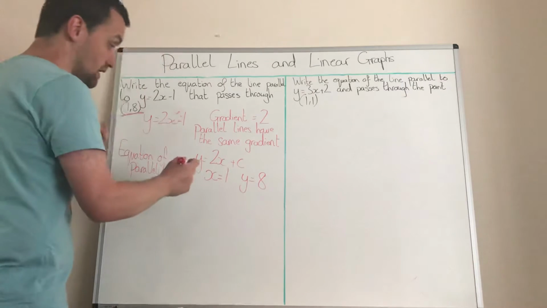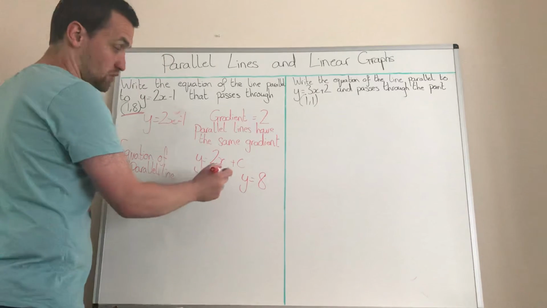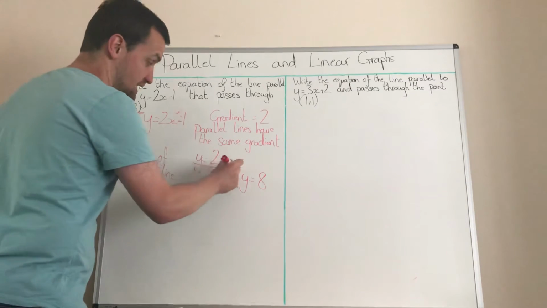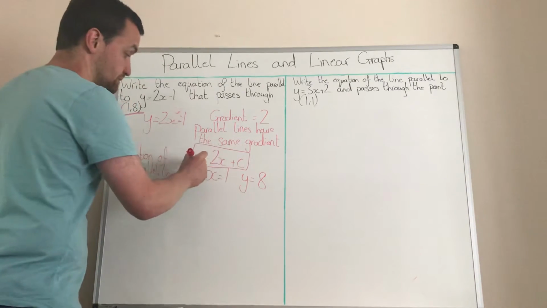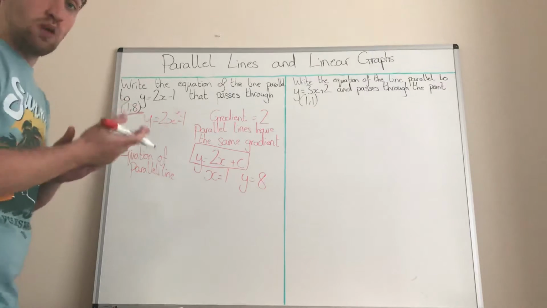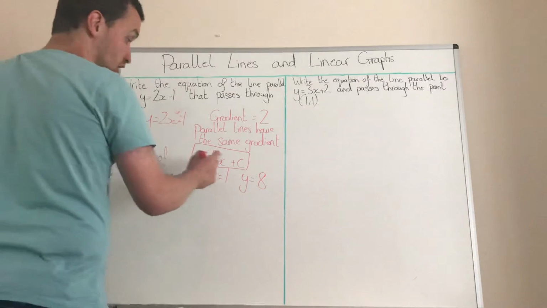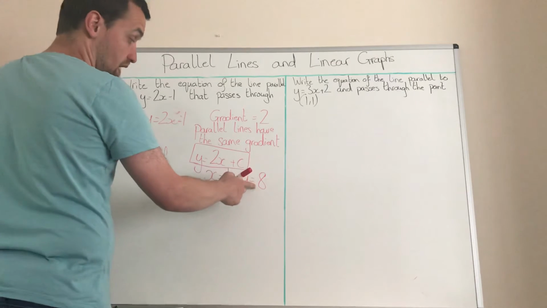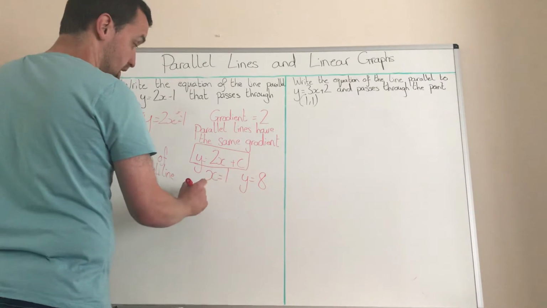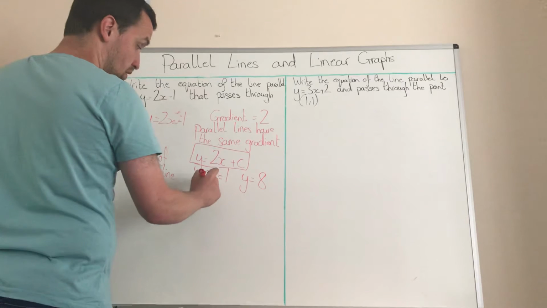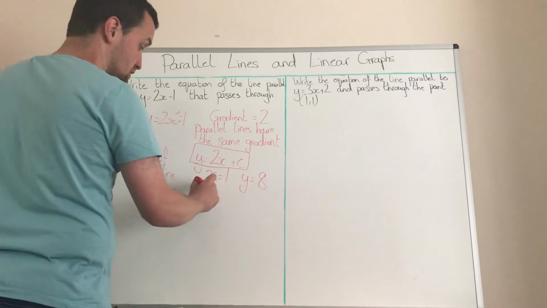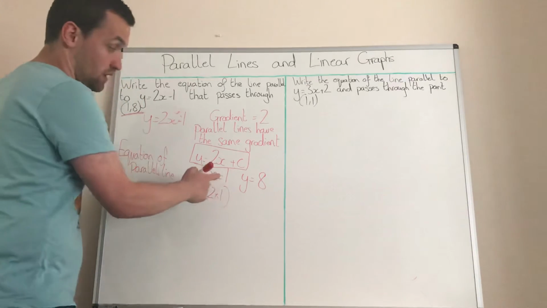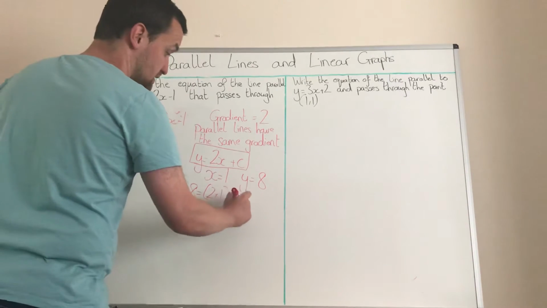What we're going to do is substitute x equals 1 and y equals 8 into this equation, because we need to work out what c is. So wherever we see a y, we substitute 8. So we've got 8 equals 2x, which means 2 times x, so 2 times 1, because x equals 1, plus c.